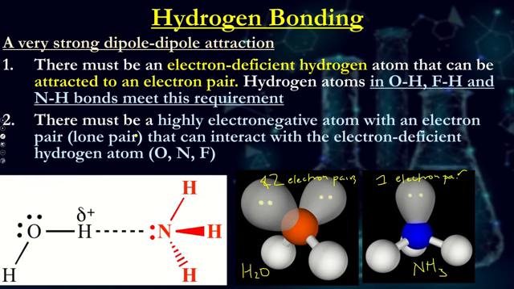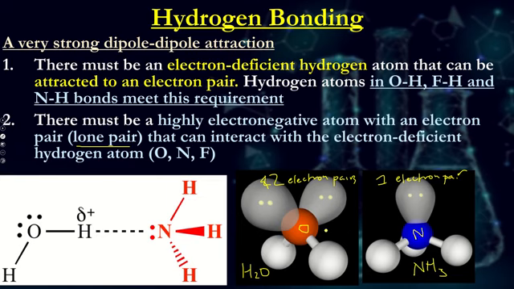So these lone pairs of electrons increase the electronegativity of the oxygen here and the nitrogen here. And so it creates a really strong polar or dipole moment again.